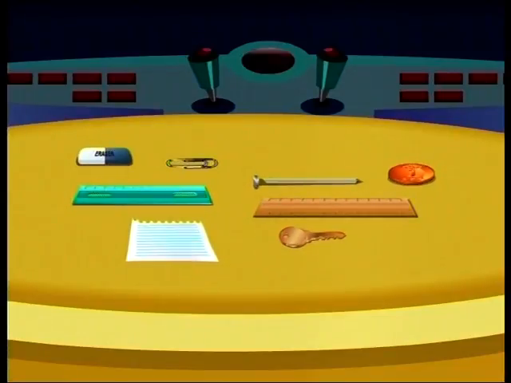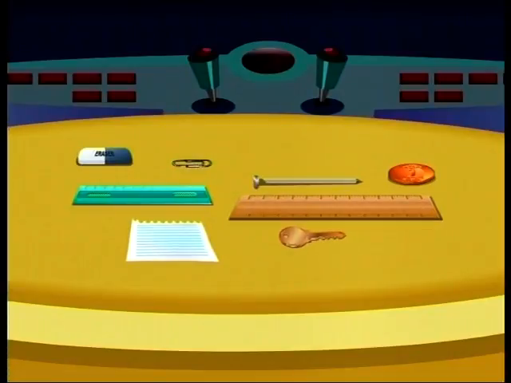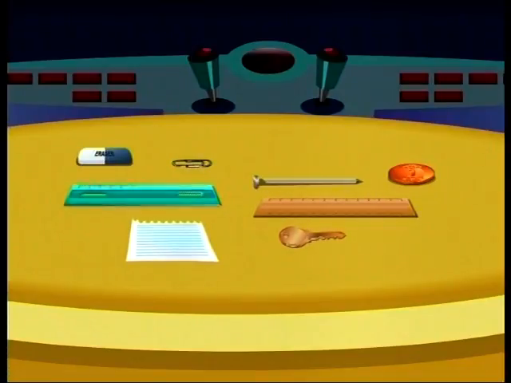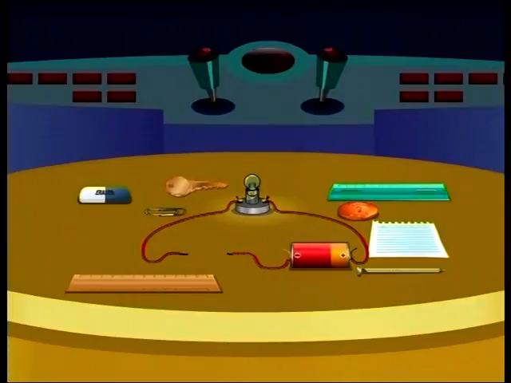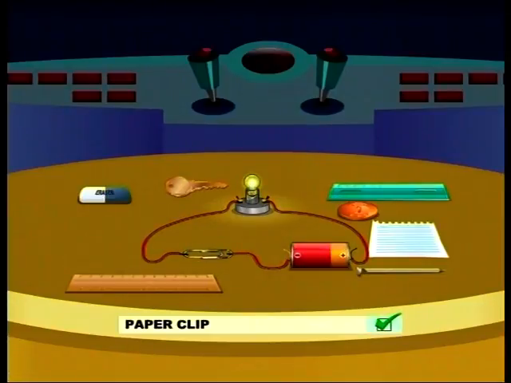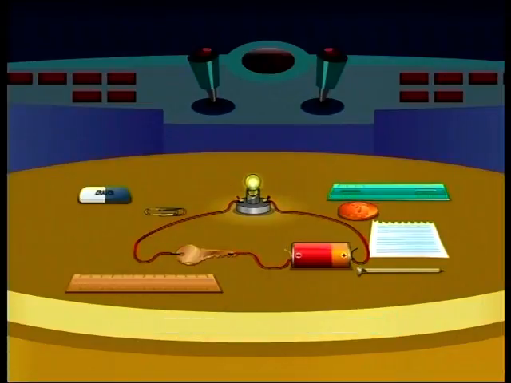A coin, a paper clip, a key, a wooden ruler, a plastic ruler, a nail, an eraser, and a piece of paper. Okay, here goes. The coin. Yes. The paperclip. Okay, it can conduct electricity. The brass key.